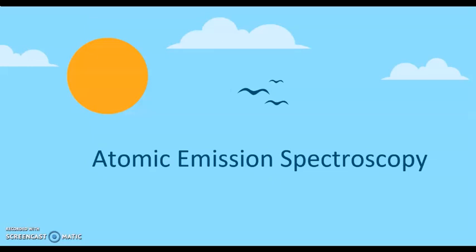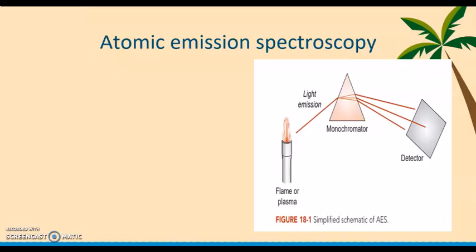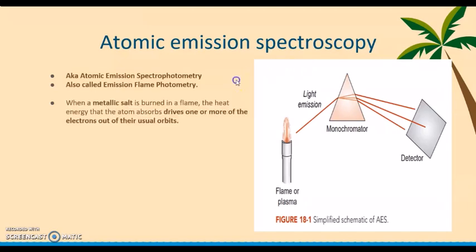The first one, we have the atomic emission spectroscopy. So, the atomic emission spectroscopy is otherwise known as your emission or atomic emission spectrophotometry. It is also called emission flame photometry.